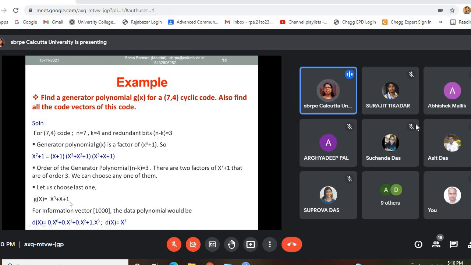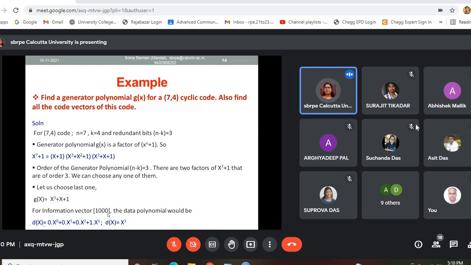And we are considering the data 1, 0, 0, 0. The data polynomial can be written either way: this is the LSB and this the MSB, or the other way around.